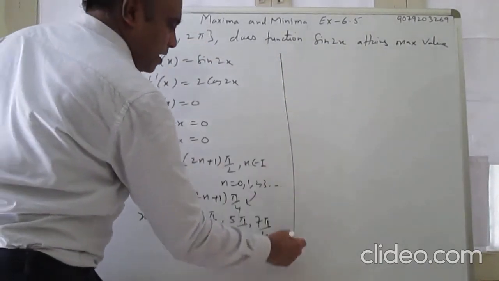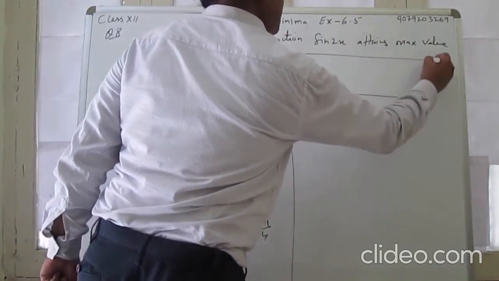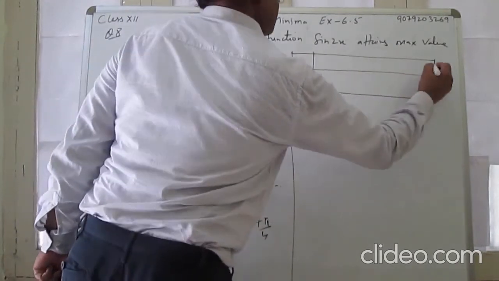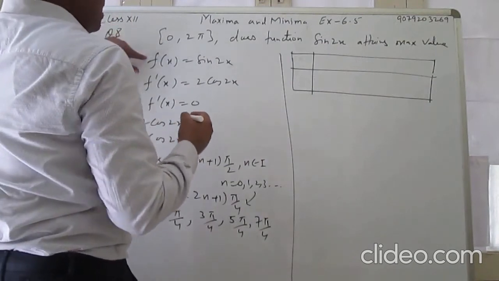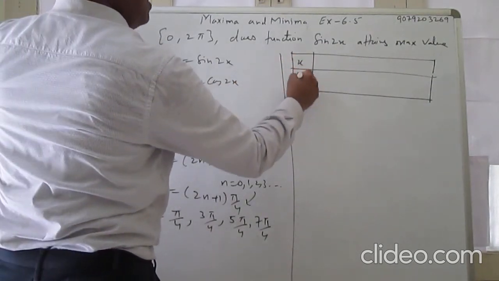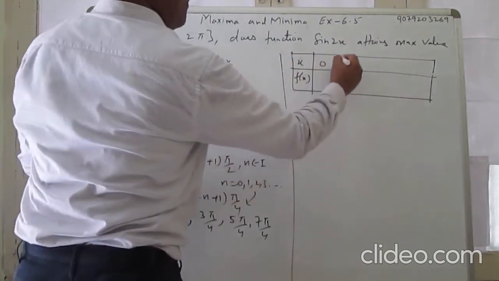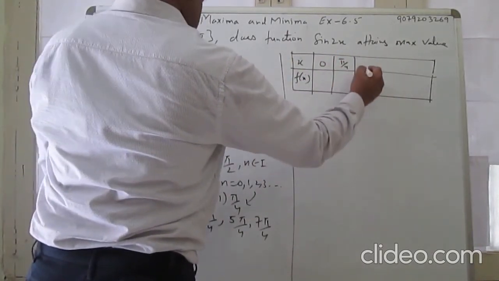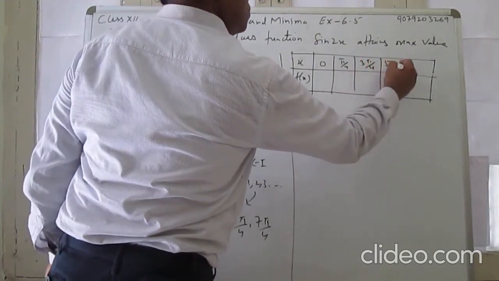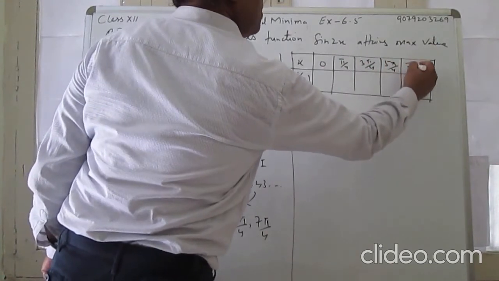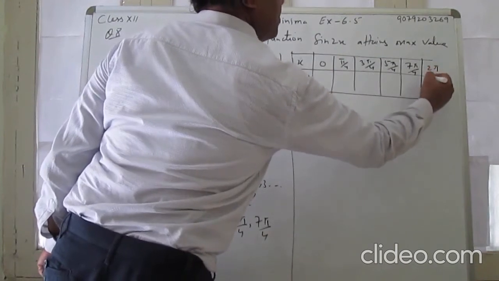Now make the table to find x and the value of f(x) at different points. x takes 0, π by 4, 3π by 4, 5π by 4, 7π by 4, and 2π.